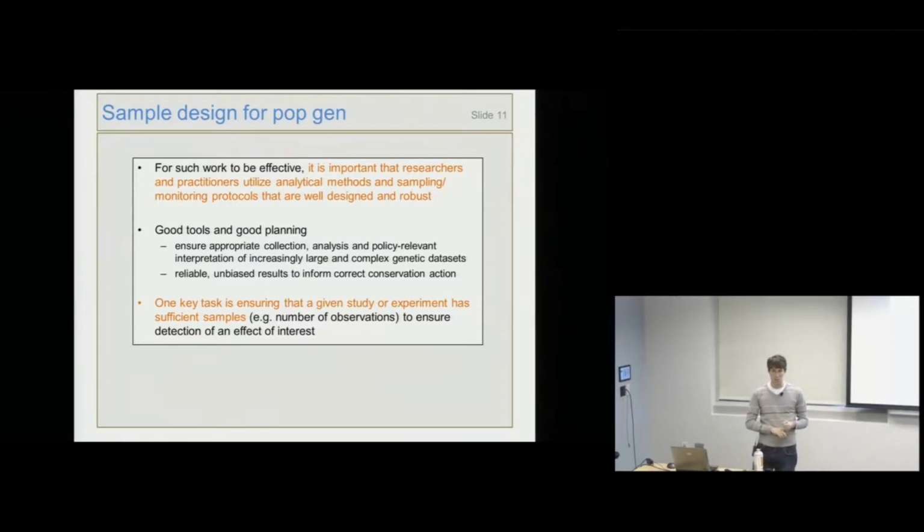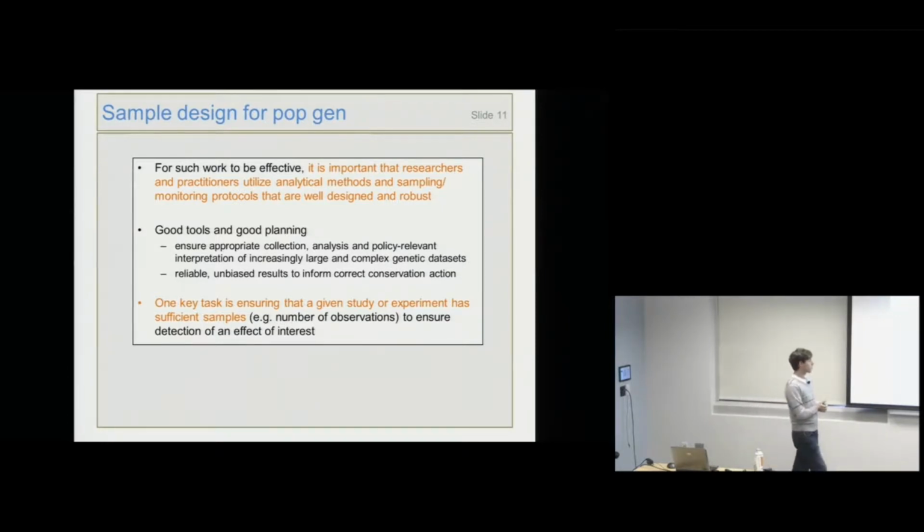That is, good analytical tools that can allow us to detect processes like migration or hybridization. So we need good analytical methods. We also need good sampling protocols that can help ensure the appropriate collection, analysis, and interpretation of genetic data, again, in order to inform conservation actions.